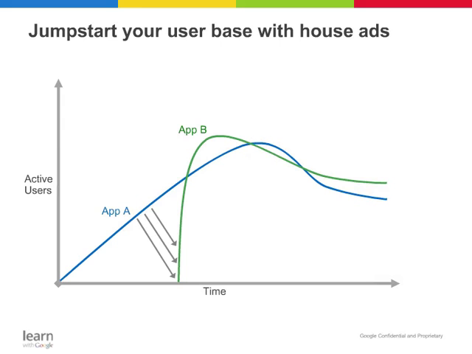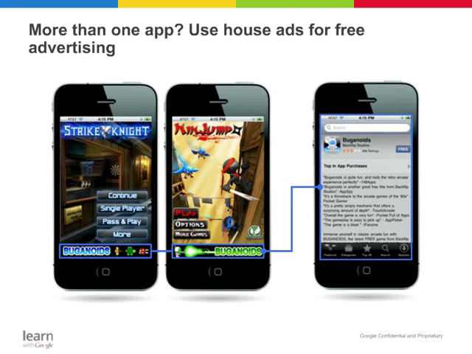If you have more than one app, you can also use house ads to cross-promote your apps. House ads let you jumpstart your audience from one app to the next. This helps you accelerate the adoption of your next app by leveraging your existing loyal users, as you can see in this chart. Still on house ads, one example of a developer who's been really successful at using this channel is Backflip Studios.